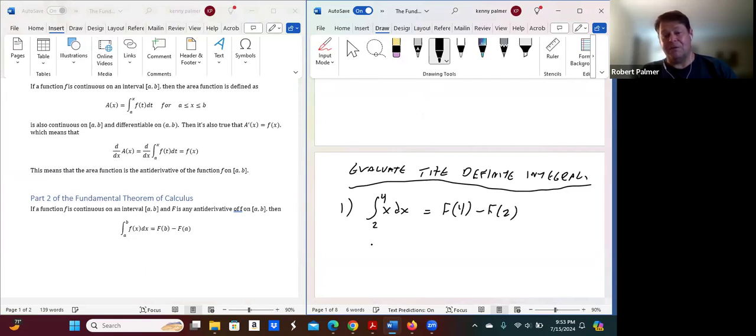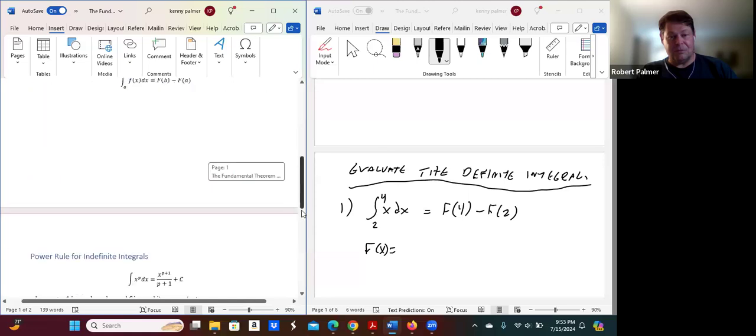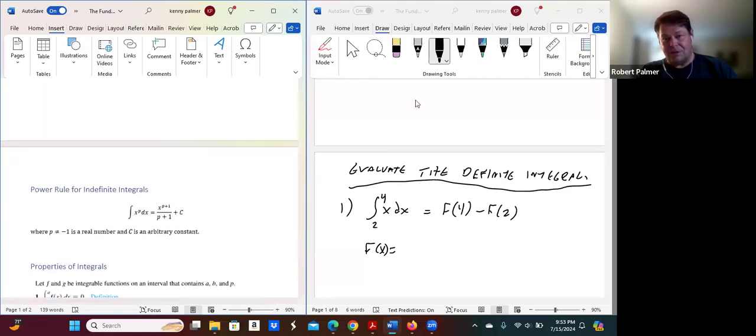So let's find the antiderivative. So F of x, remember we have x, then using the power rule we just mentioned, the power of x is 1, so we add 1 to the power, which is 2, then we divide by the new power.